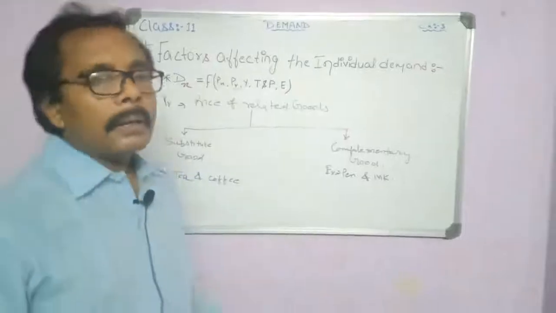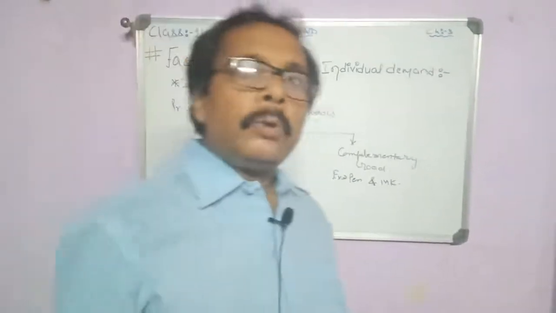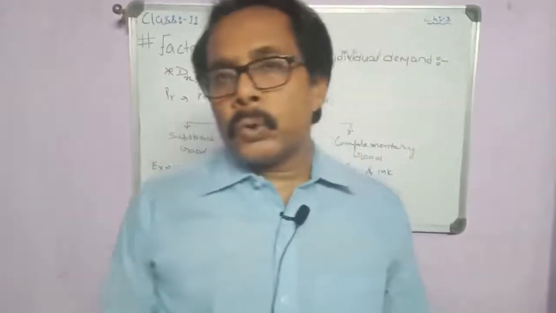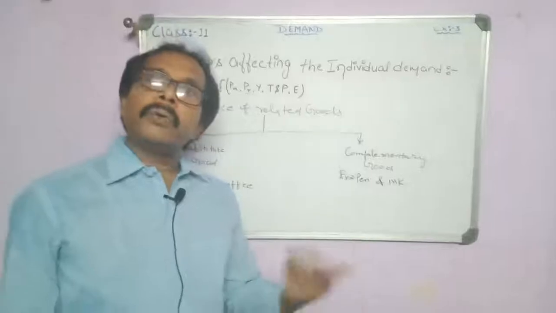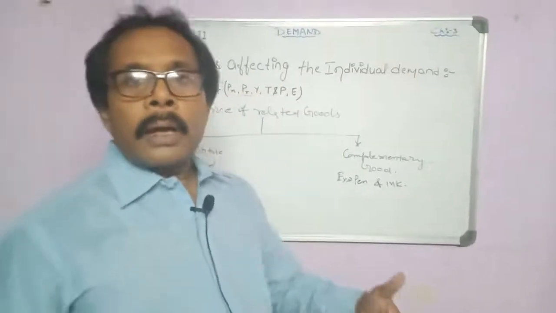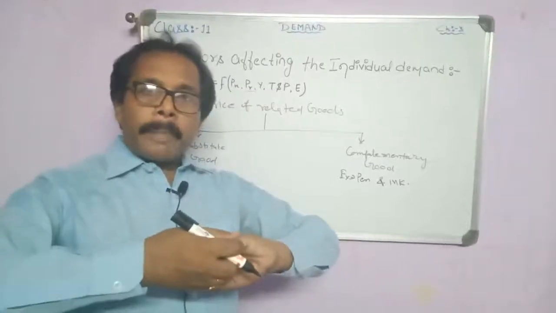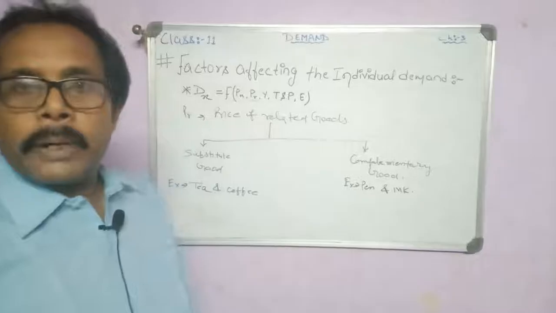For example, gun and bullet. If you have a gun and no bullet, there is no use of the gun. Likewise, if you have the bullet but no gun, there is no use. Unless both match each other, it is not possible to satisfy human needs.